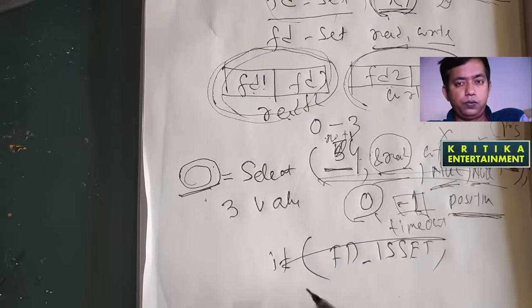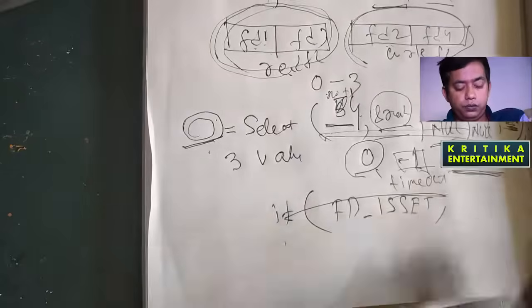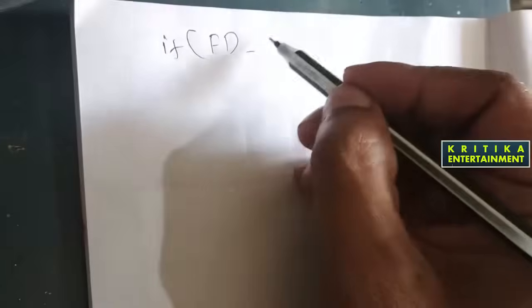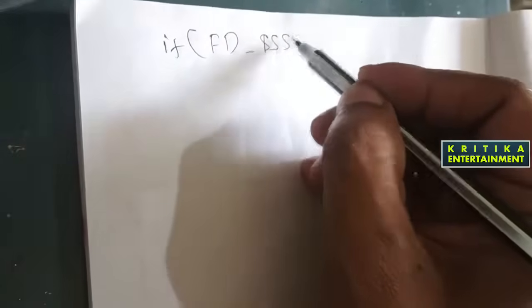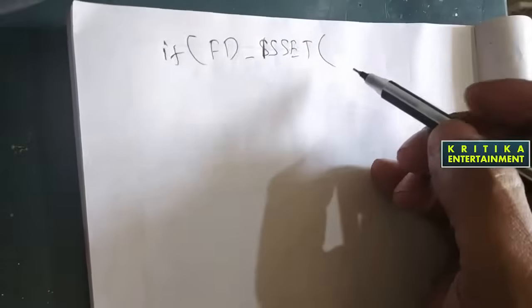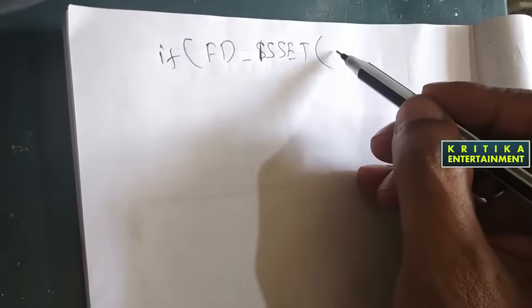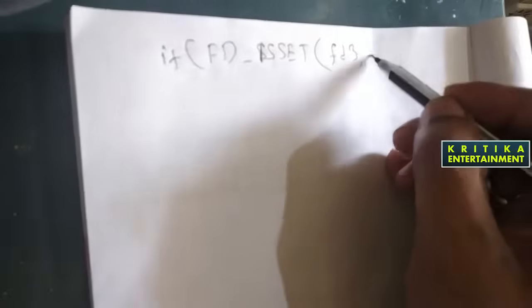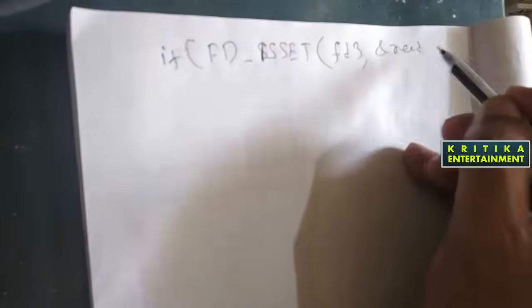What to write? If FD_ISSET, with FD3, checked from the read FD set.